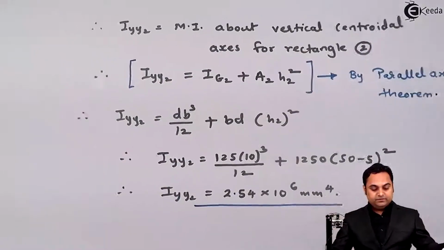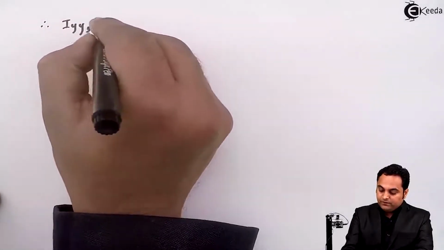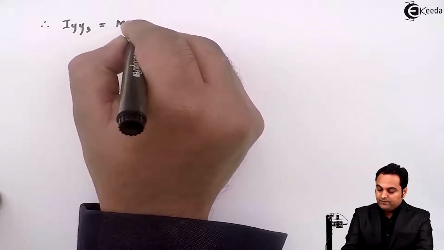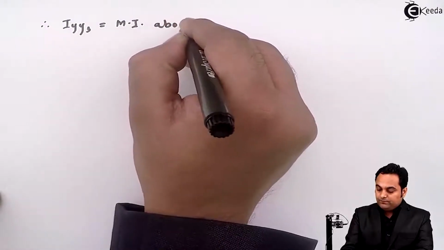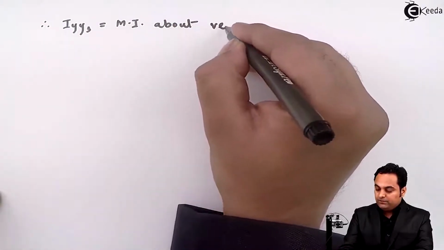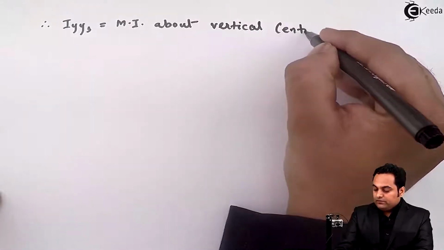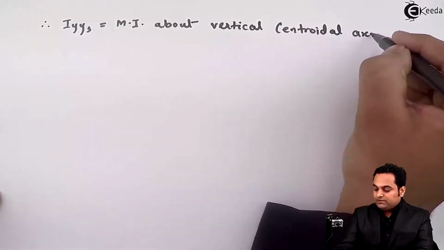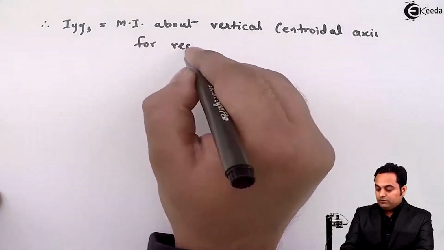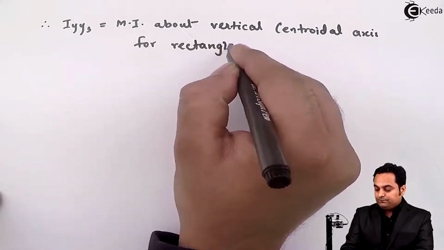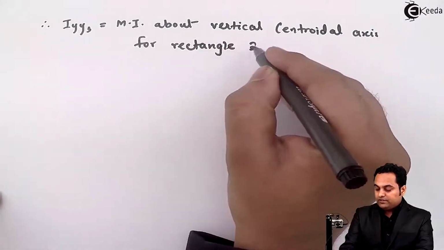Next we need to calculate Iyy3. So therefore Iyy3 is equal to the moment of inertia about the vertical centroidal axis for rectangle third.